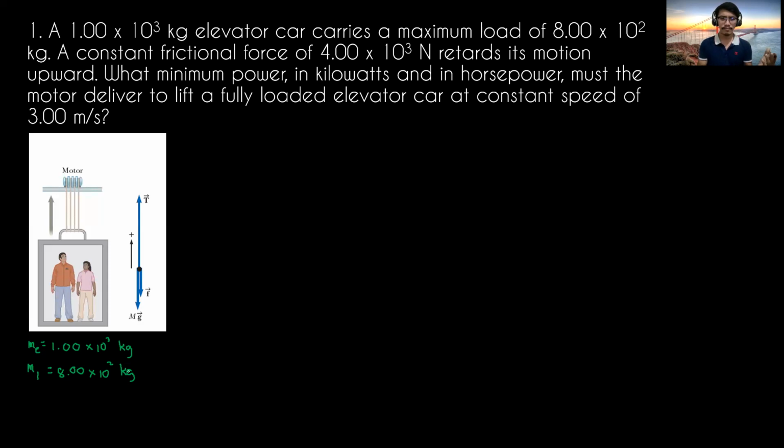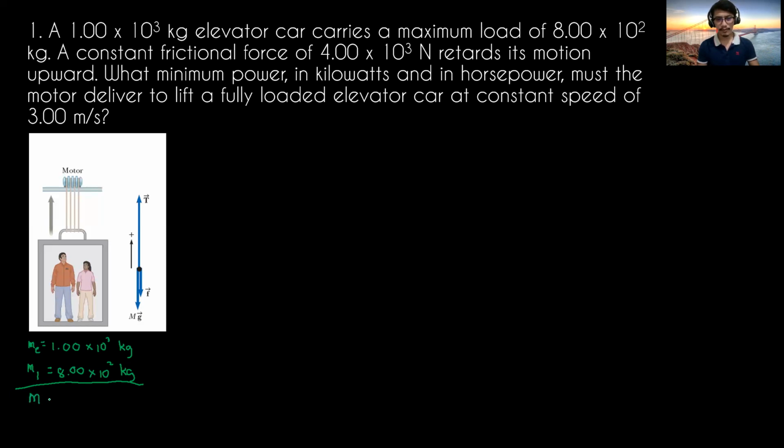So meron tayong mass of the elevator, which is 1,000 kilogram, and mass of the load, which is 800 kilograms. So that means we can just add the two masses para meron na tayong mass of the whole elevator as well as the load of that elevator. So we will just add it directly para hindi tayo malilito later. So the total mass, anong gagawin ko na variable?